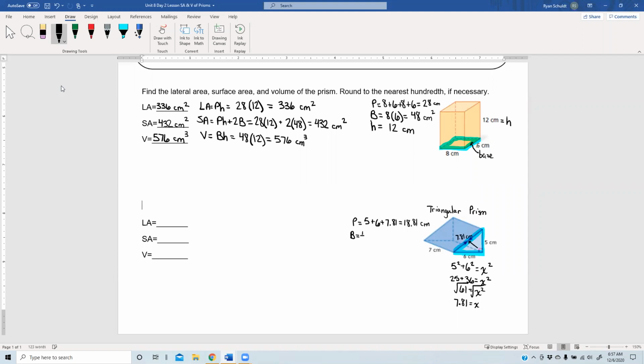Remember, our formula for a triangle is 1/2 little b times h. So 1/2 of 5 times 6, which gives us 30, no, half of 30, 15 centimeters squared.